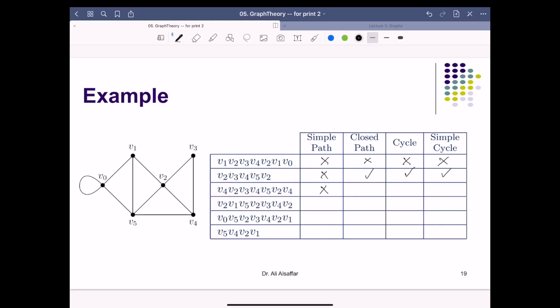And is it closed? It is closed because the first vertex and the last vertex, V4 and V4, are the same. Is it a cycle? It is not a cycle because it has repeated edges. And since it is not a cycle, it is definitely not a simple cycle.